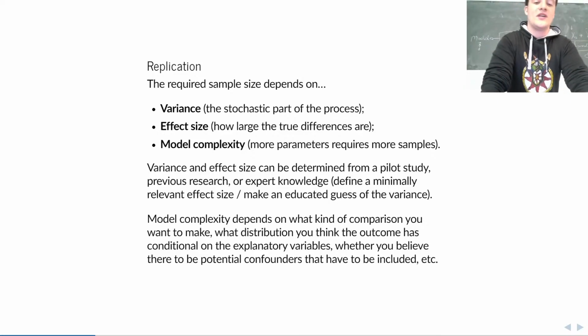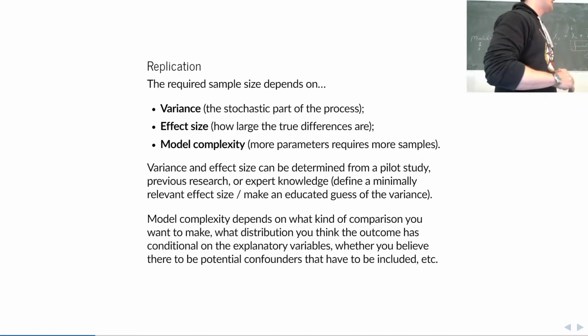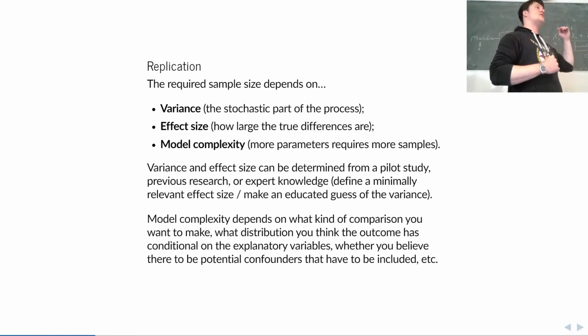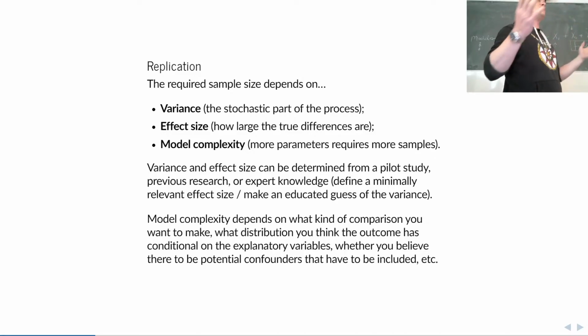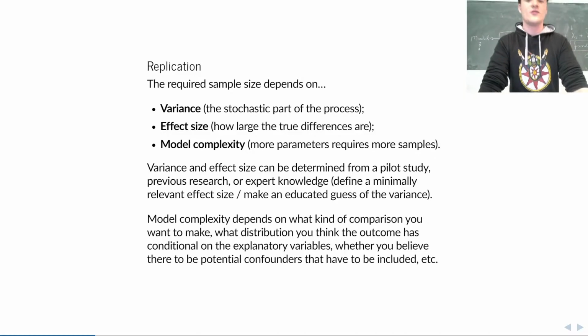Okay, model complexity depends on what kind of comparison you want to make. If you just want to do a t-test, your model is very simple. But if you want to do a t-test using a regression model that corrects for sex and age and smoking habits and a lot of confounders, then your model complexity is higher. It also depends on what distribution you think the outcome has.